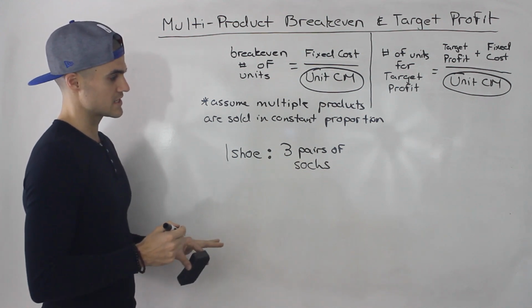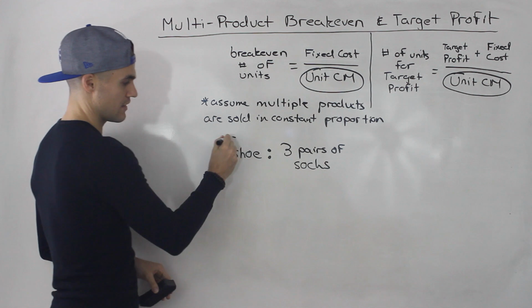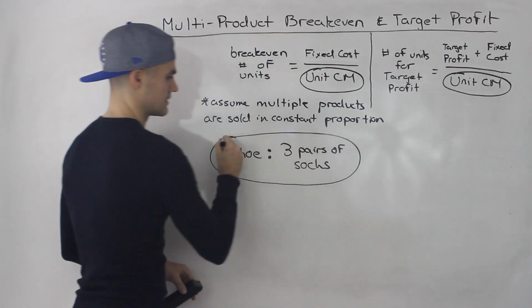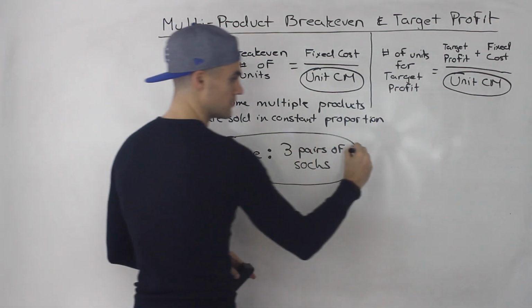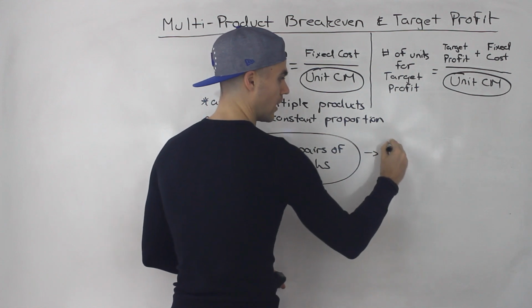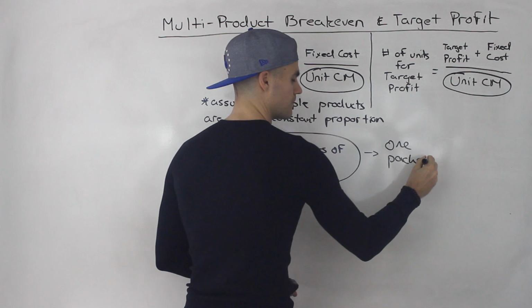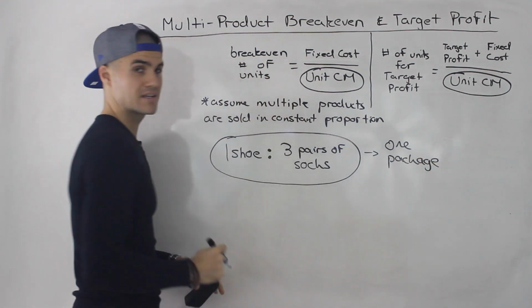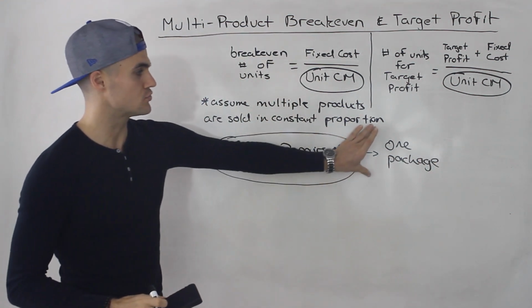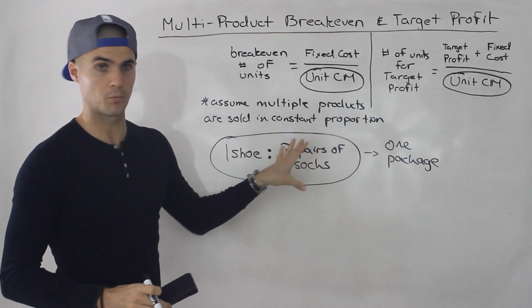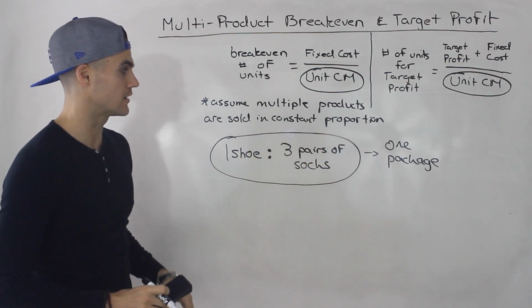And basically the process is we got to take this and sort of package it up. So we would make this into one package. And basically we'd have to calculate the contribution margin on this one whole package here, right? I'm going to show you how to do that.